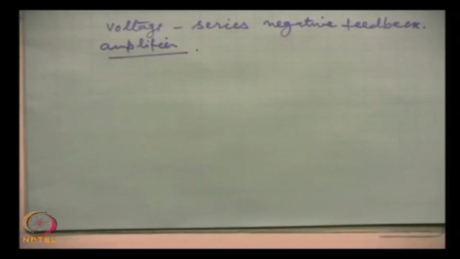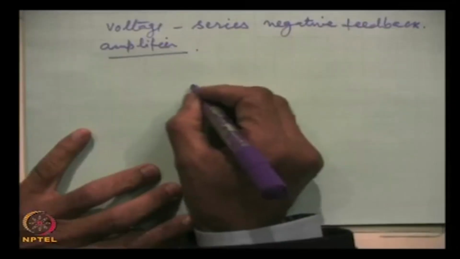For this amplifier, we will determine, after incorporating the negative feedback, what will be the input impedance and what will be the output impedance. The circuit is this.